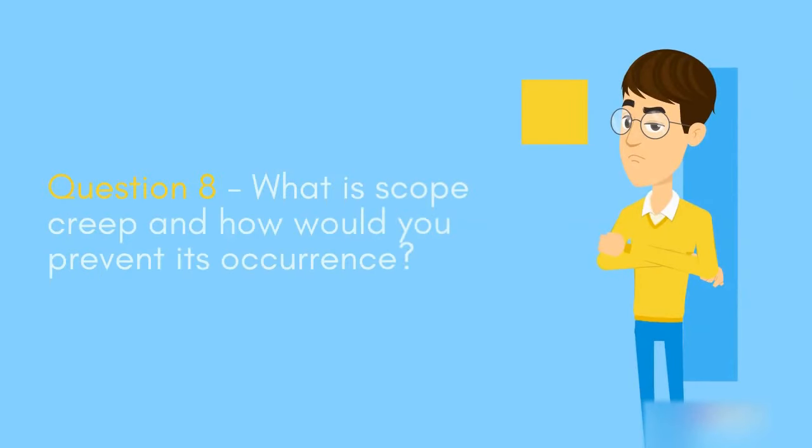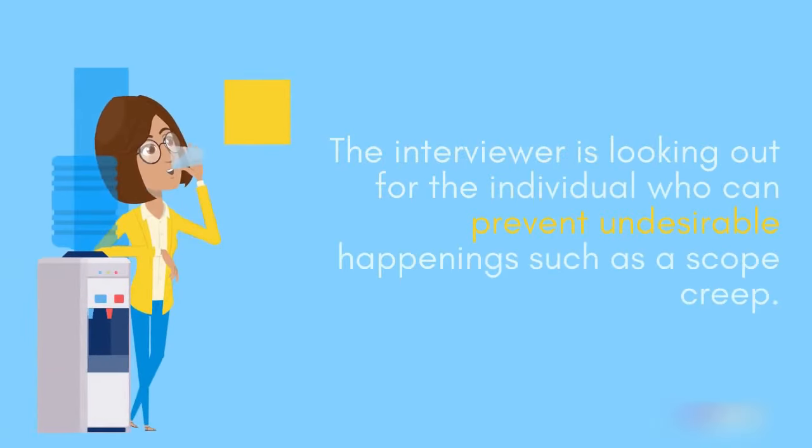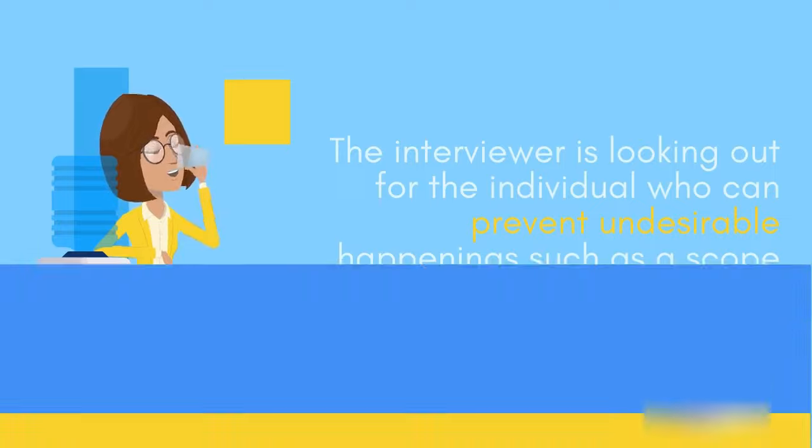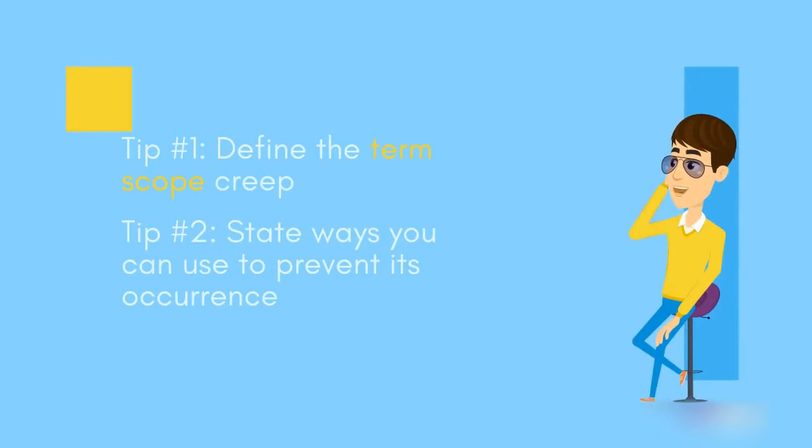Question 8. What is scope creep and how would you prevent its occurrence? The interviewer is looking for the individual who can prevent undesirable happenings such as scope creep. Tip number 1, define the term scope creep. Tip number 2, state ways you can use to prevent its occurrence.